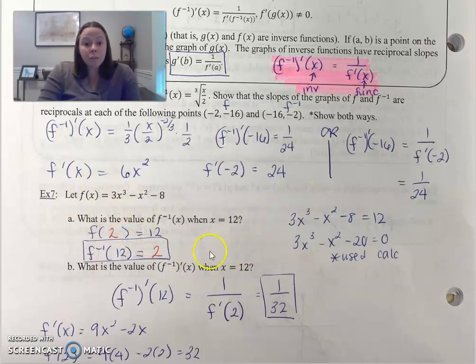If you can't find the inverse, how are you going to find the derivative? But we don't have to, because if we take the derivative of our function and plug in 2, then that's going to be the inverse derivative at 12, well, the reciprocal. So that's how we're getting that answer. We were actually able to get the derivative of our inverse without ever having to find the inverse. That's the cool thing. But you will need to practice this.